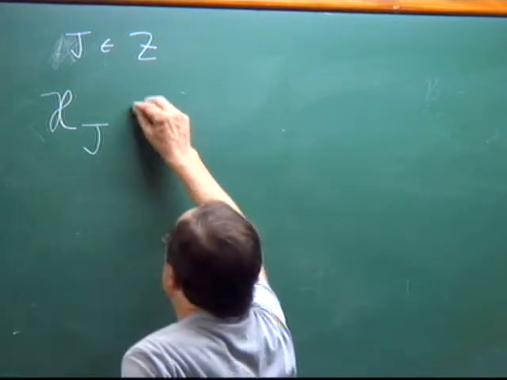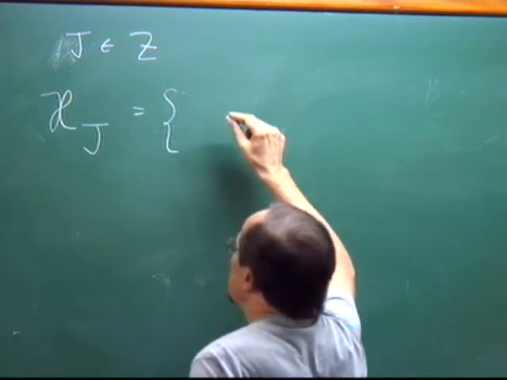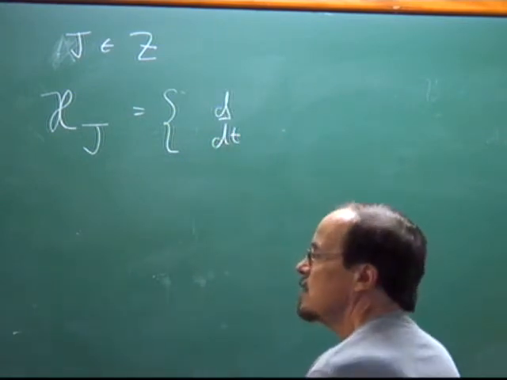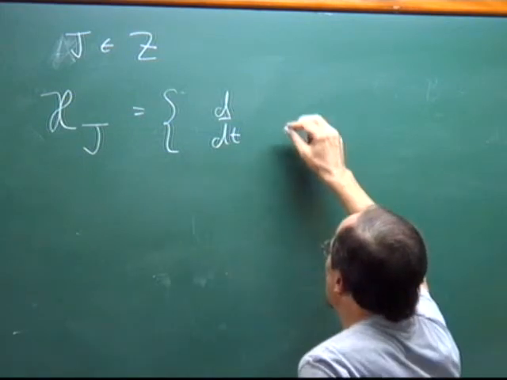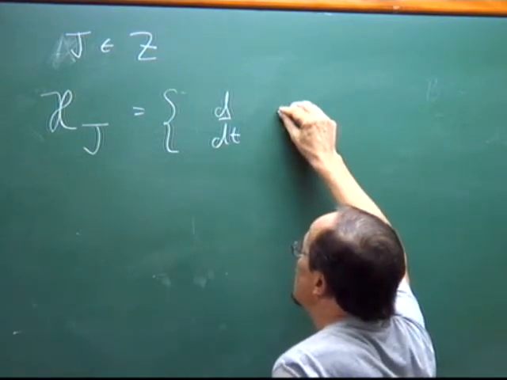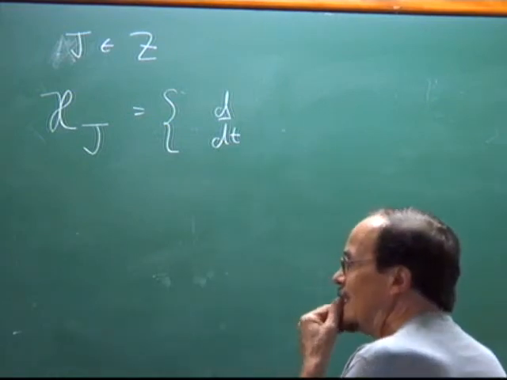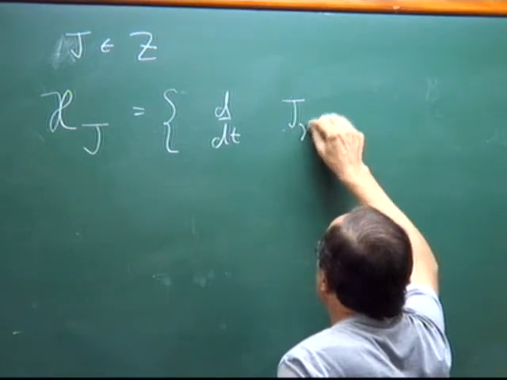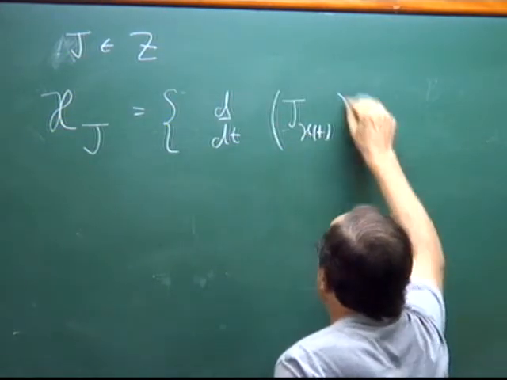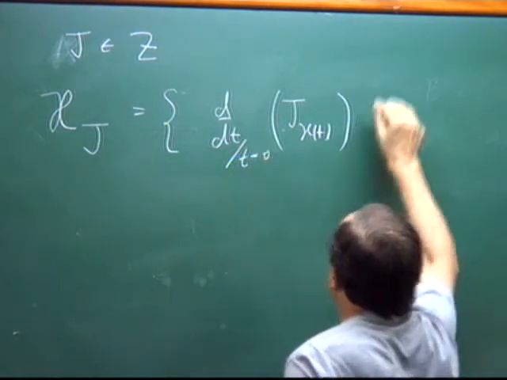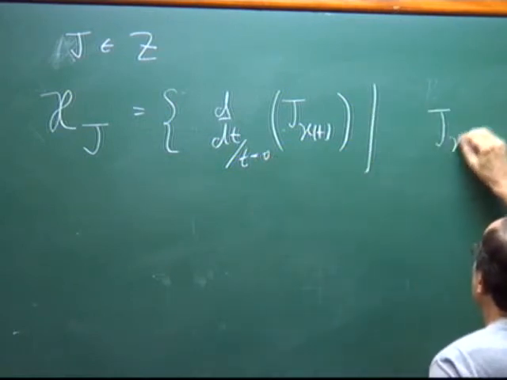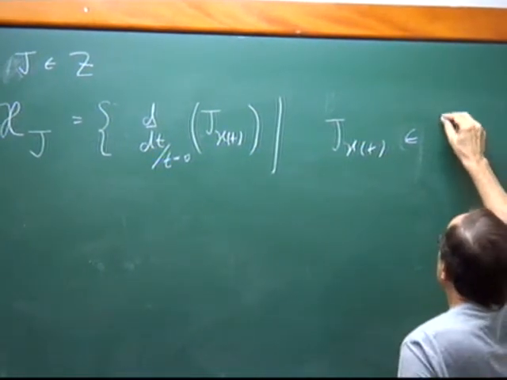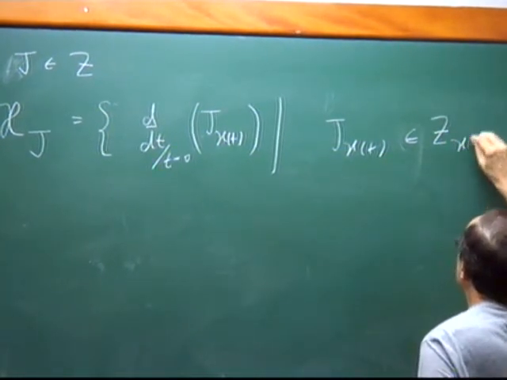I can copy this and define this here as d/dt of J_γ(t) at t equals 0, where J_γ(t) is an element in this twistor space.